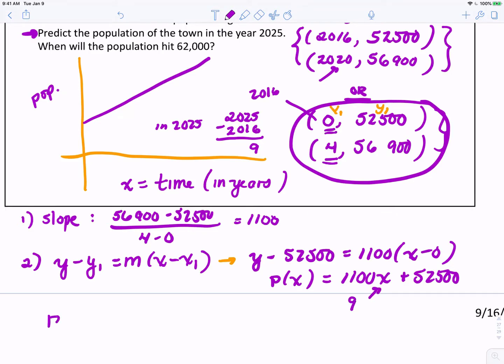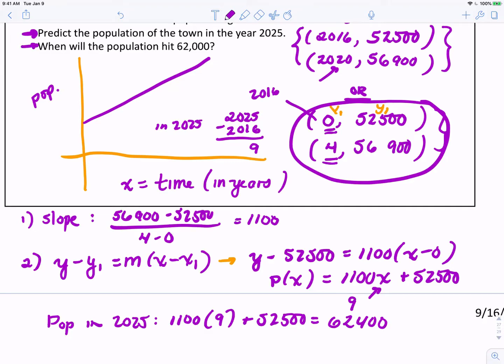So the population prediction in 2025 would be 1,100 times 9 plus 52,500. We would predict that that town, if it kept growing by the same amount each year, would have a population of 62,400.